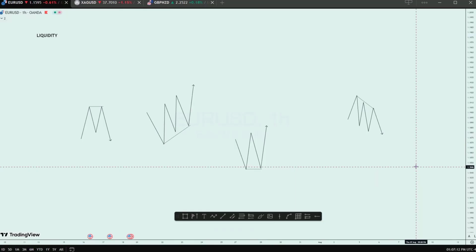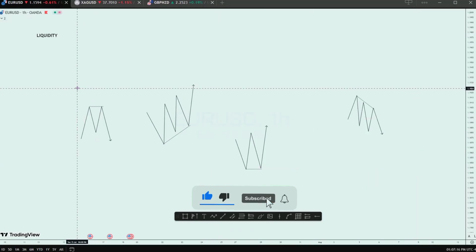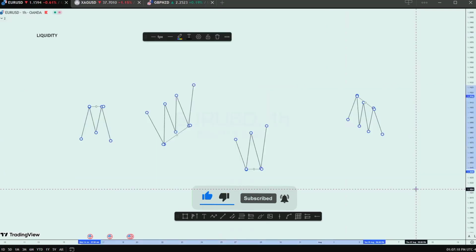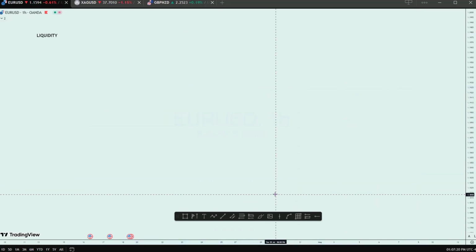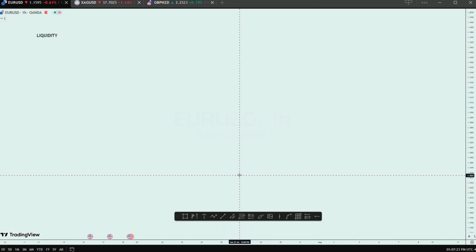Liquidity can be previous high or previous low, not just relative lows or relative highs. It can be just one.